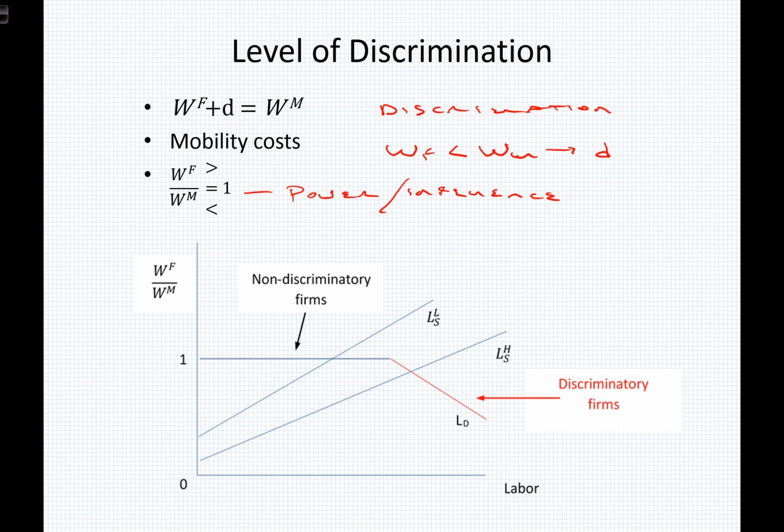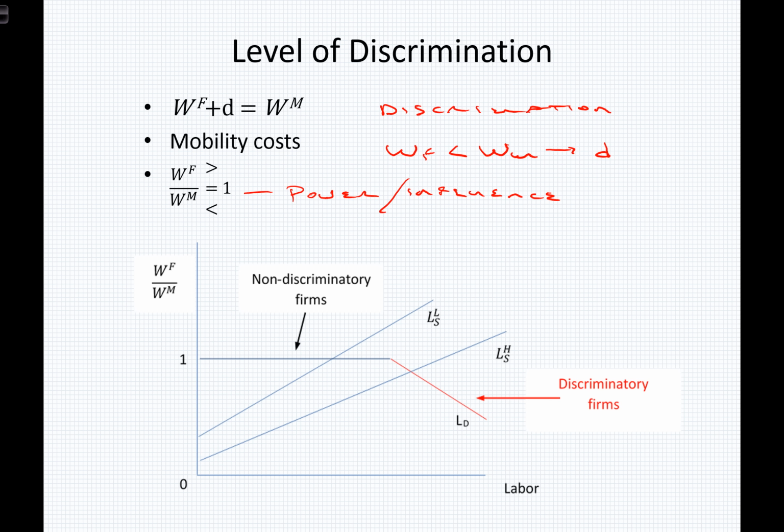When this ratio is greater than 1, that suggests that the female actually is receiving a greater wage than the male. Again, we're talking about the exact same job, exact same skill requirement, exact same productivity. We're trying to have apples to apples as closely as we can so that we can objectively measure this.